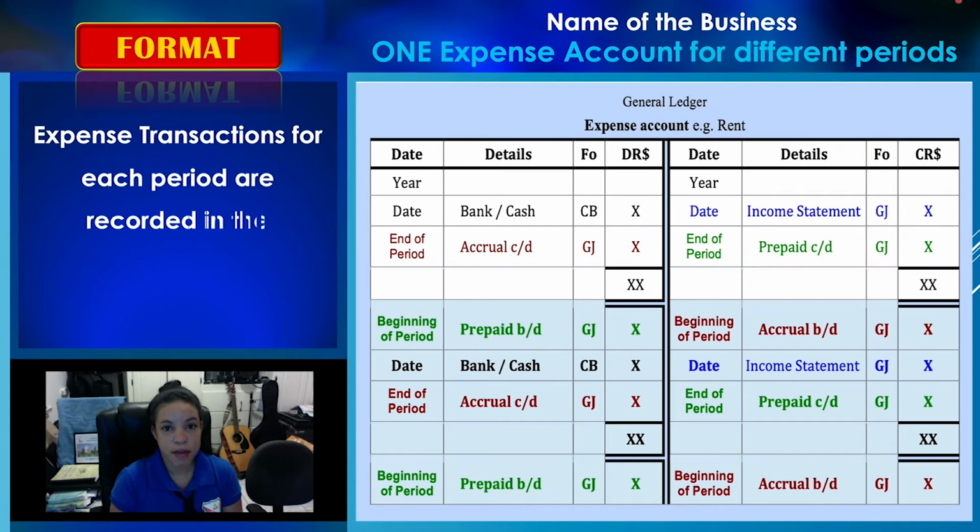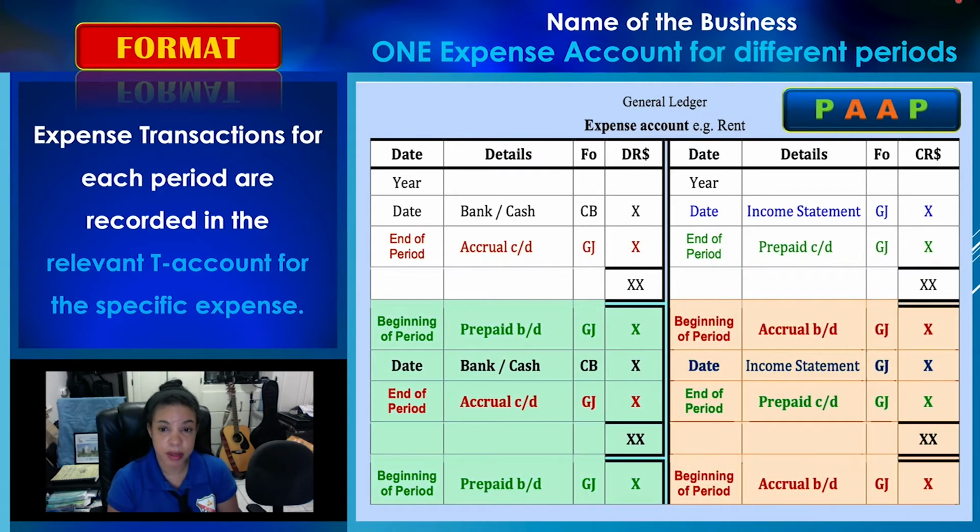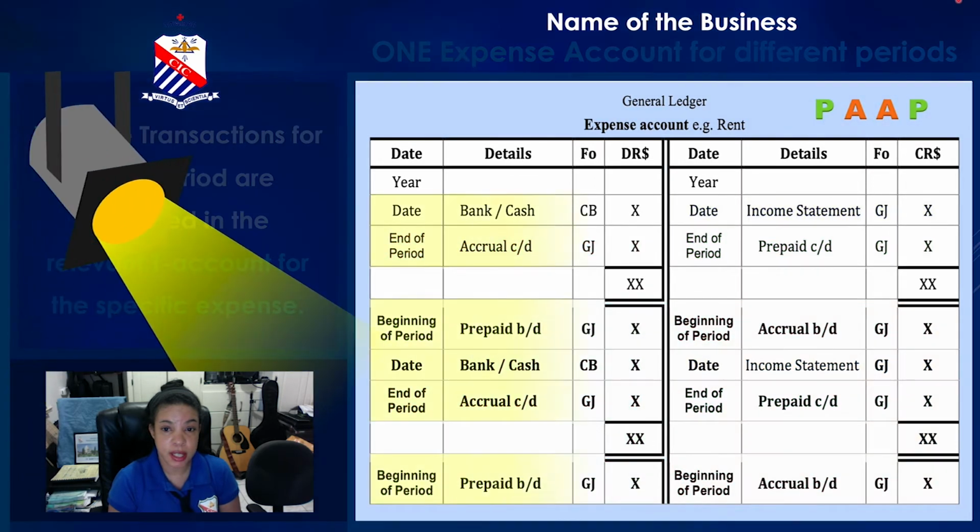So we just want to emphasize that this is the format, and something that you would note, just note it. Yes, there's the PAAP, but please note that even though in our explanation I had opened two accounts to represent the two different periods, in reality it is one expense account, and that one expense account would show all of your different periods.